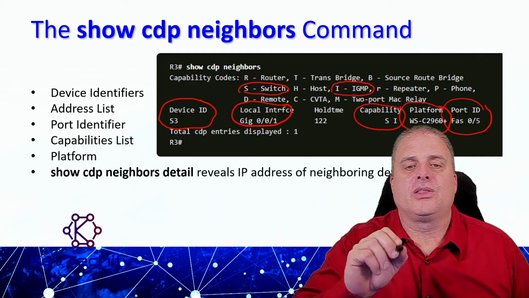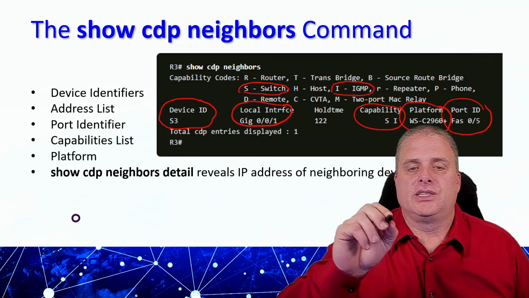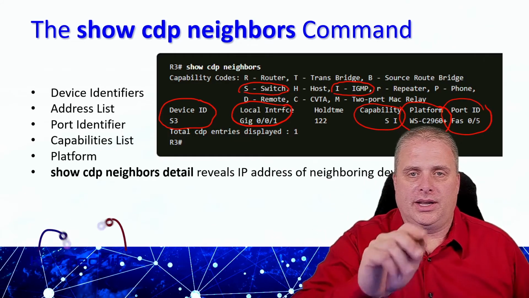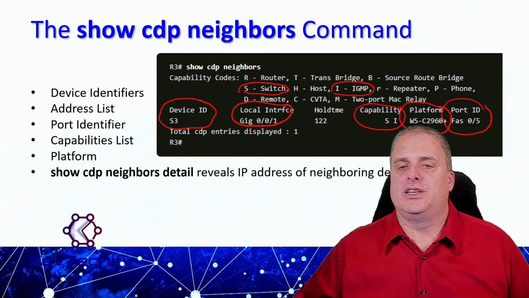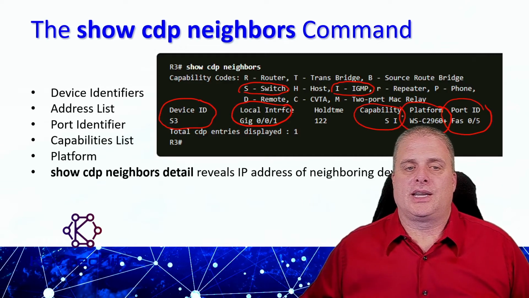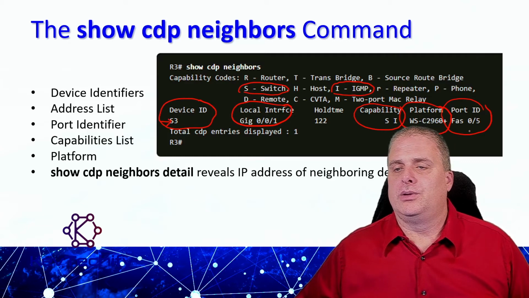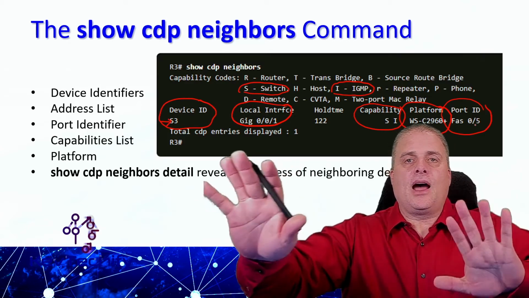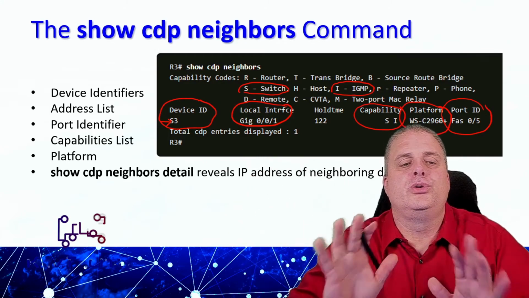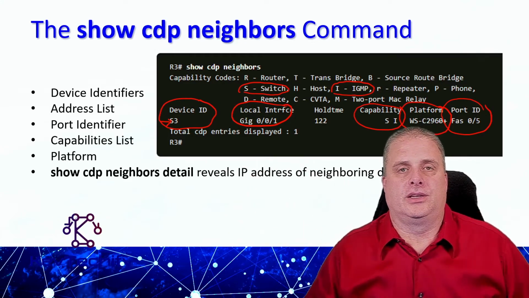So this is R3's interface. Gig 0/0/1 on R3, the device we're on, is connected to device S3, the far device, into the port underneath the port ID, Fast Ethernet 0/5. Now we can see how those two devices are connected.